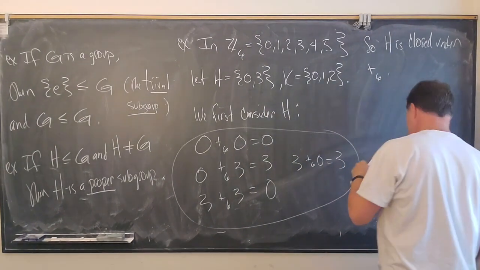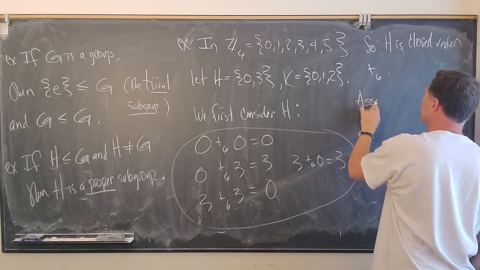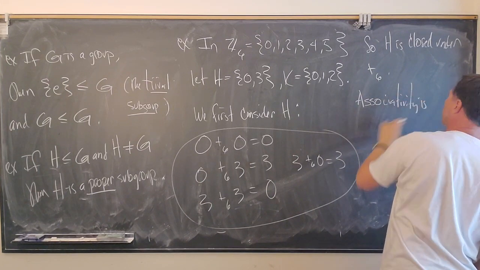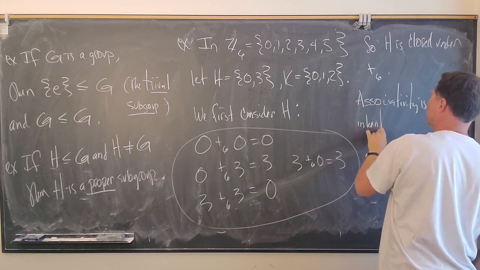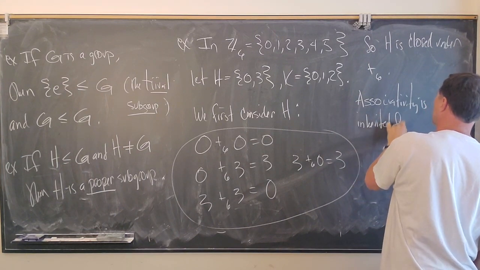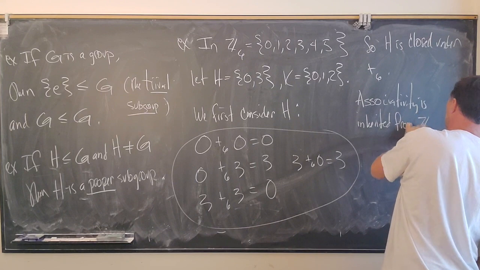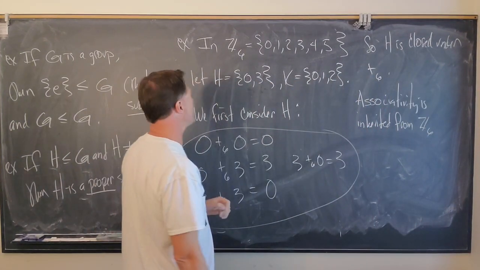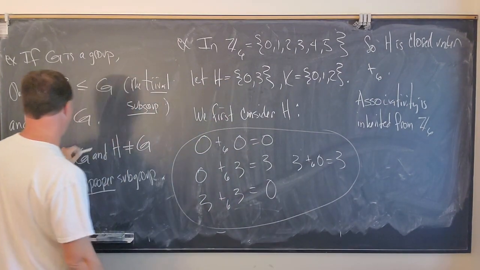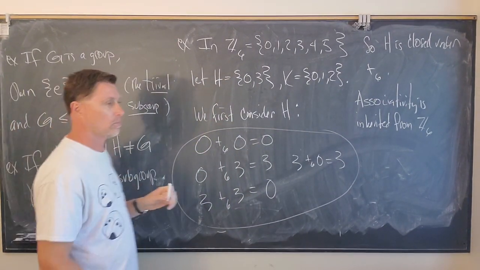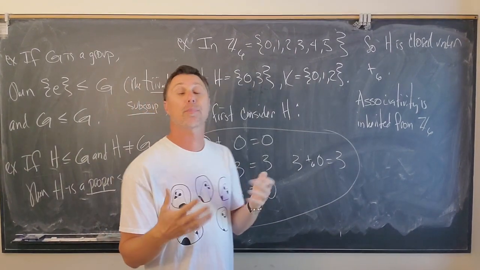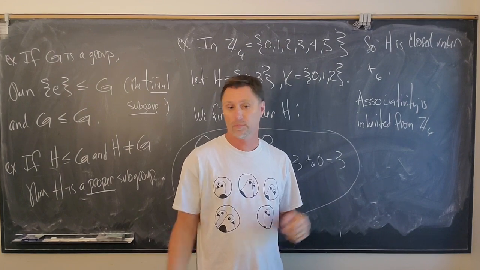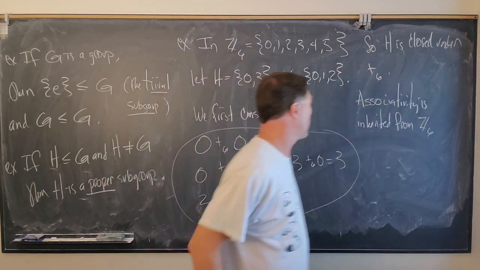So the way we say that is that associativity is inherited from Z6. And that's actually true in general. If you have a subset of some group, the operation will be associative automatically on that restricted subset, just because it's associative in the big group.